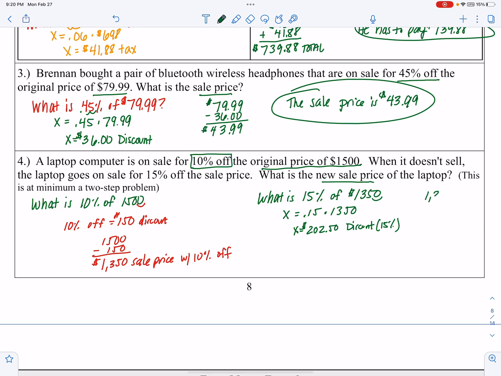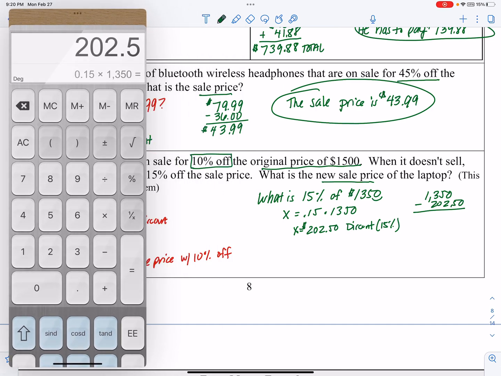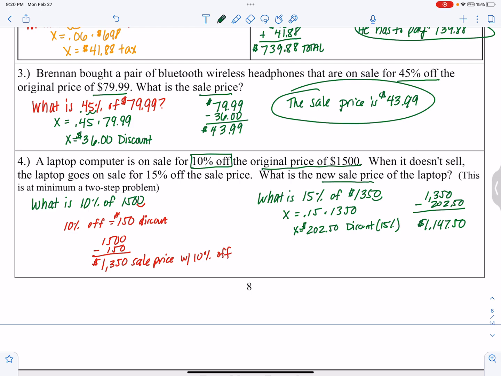So we have 1,350 minus a $202.50 discount. And so let's see what we end up getting. So we have 1,350 minus the discount of $202.50, and we end up with $1,147.50 for this laptop now.